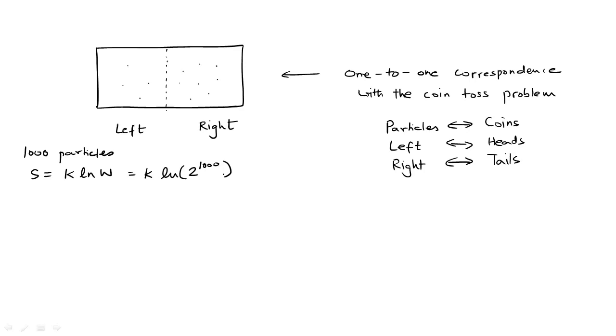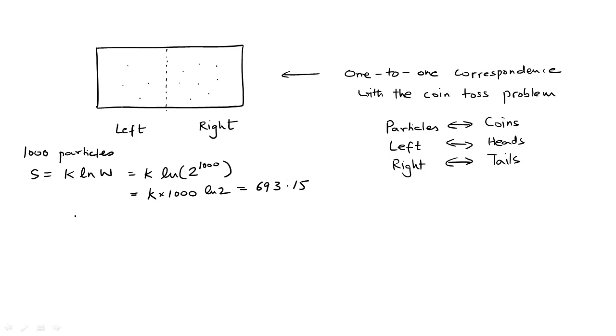This is the total number of ways in which the particles can be in the left side or the right side, or the total number of outcomes when we toss 1000 coins. This is equal to K times 1000 ln 2, which is equal to 693.15.